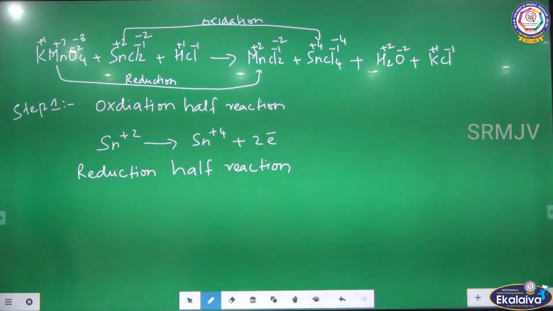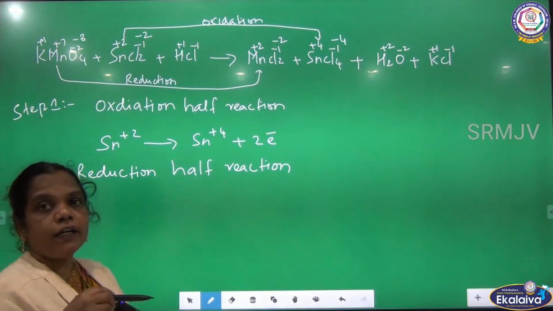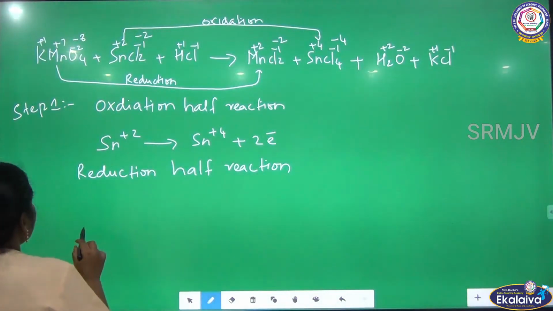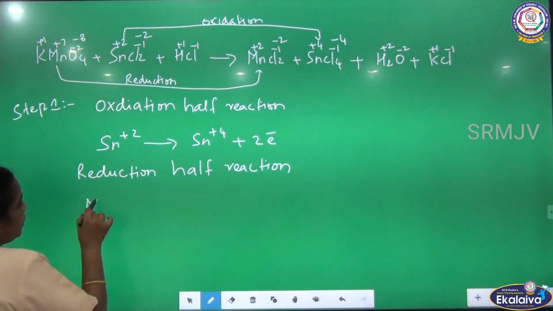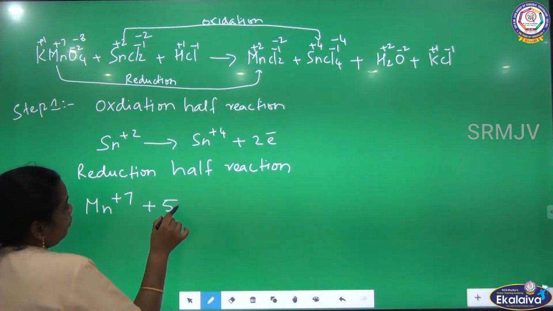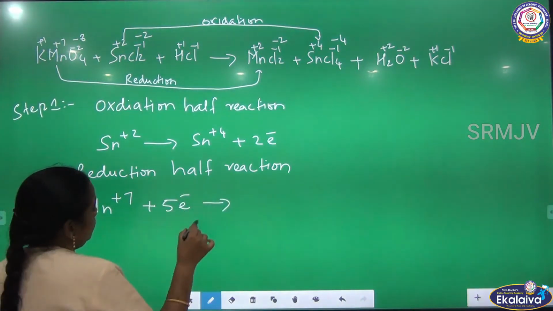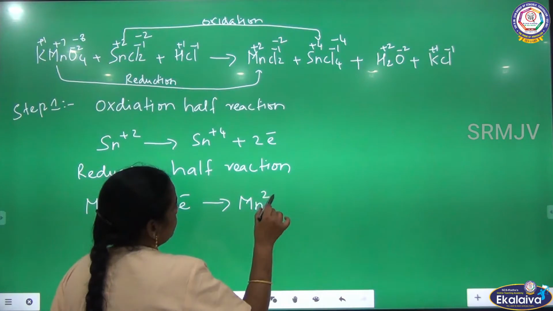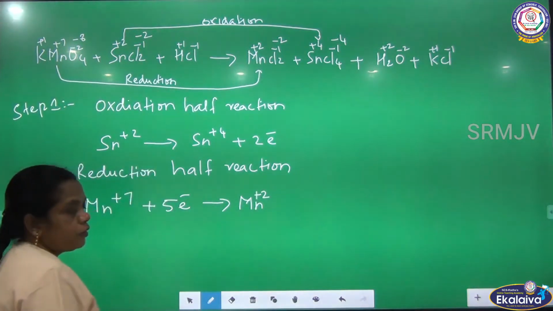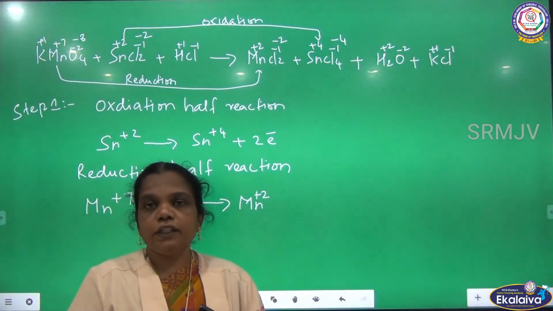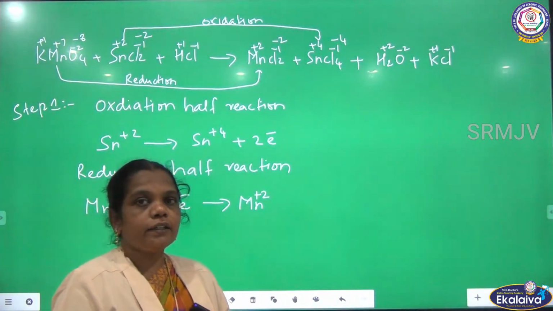Which one undergoes reduction? Manganese undergoes the reduction process. Manganese 7+ by gaining 5 electrons becomes Mn2+. So first you have to write the oxidation half reaction and the reduction half reaction.